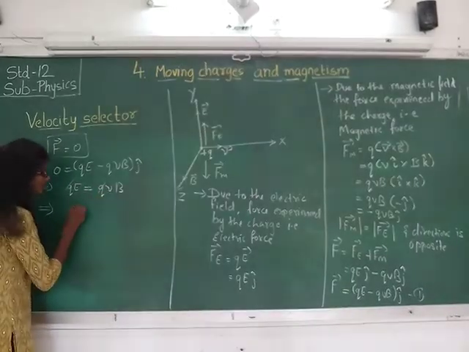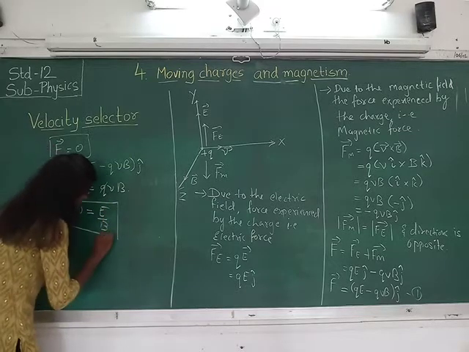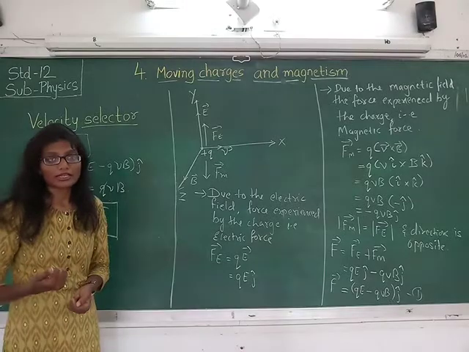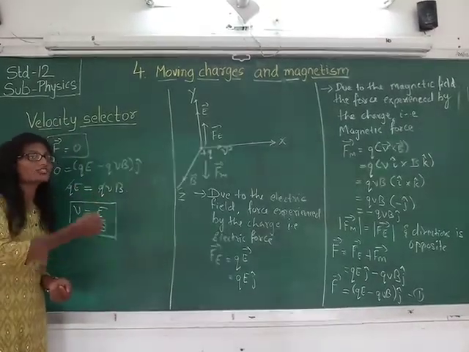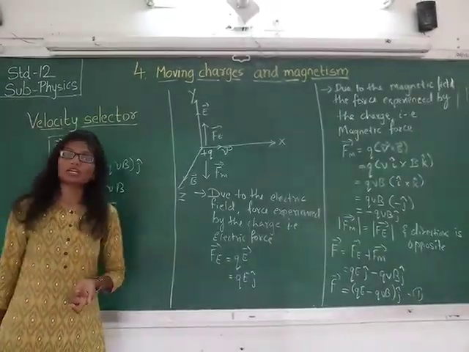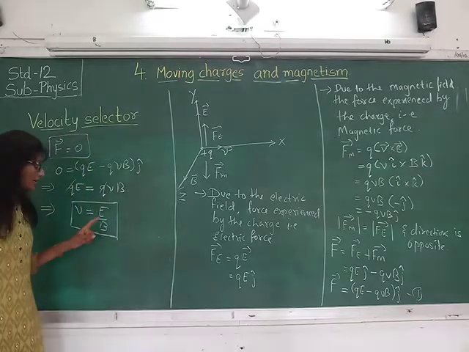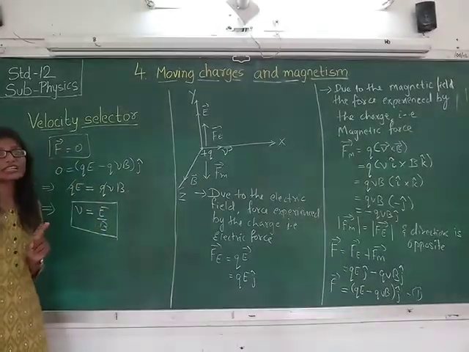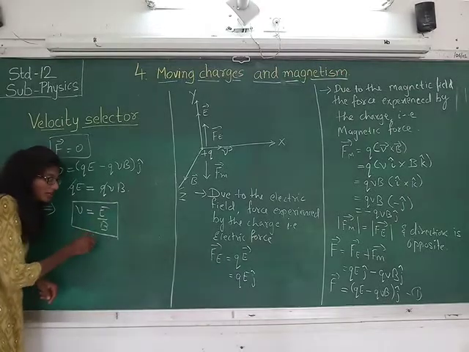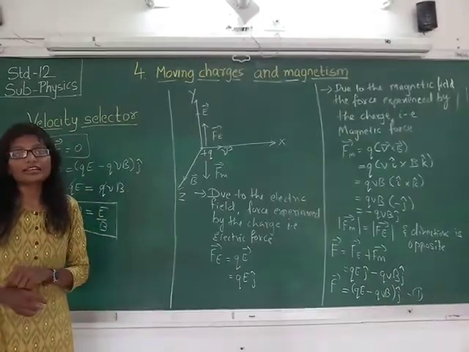So taking V as subject, V is equal to E by B. So this is the condition that is used to adjust the velocity, right?